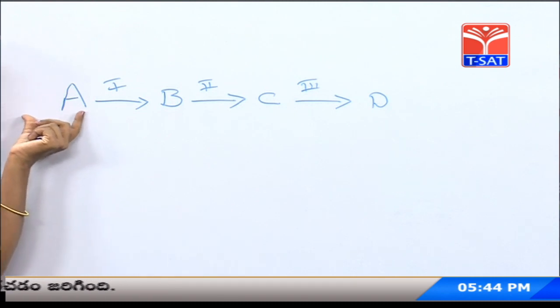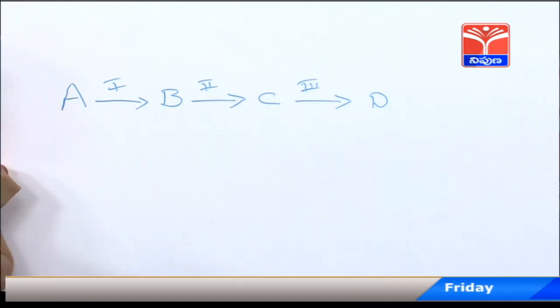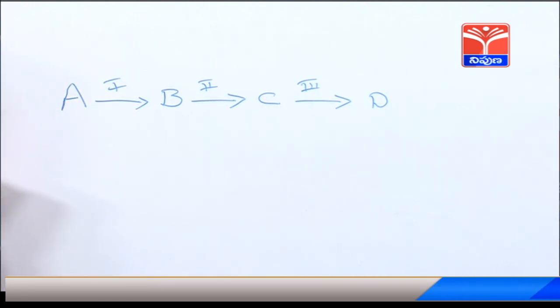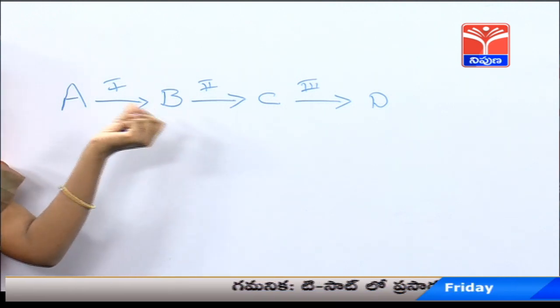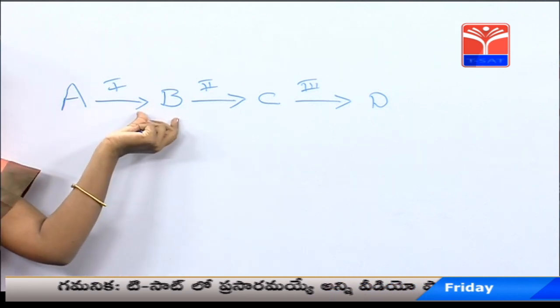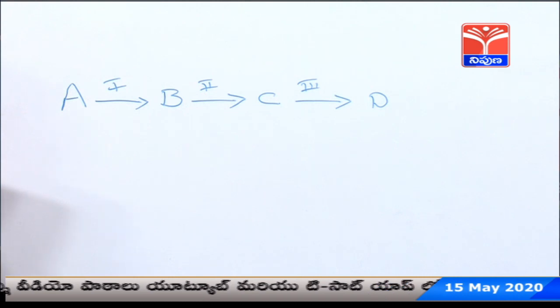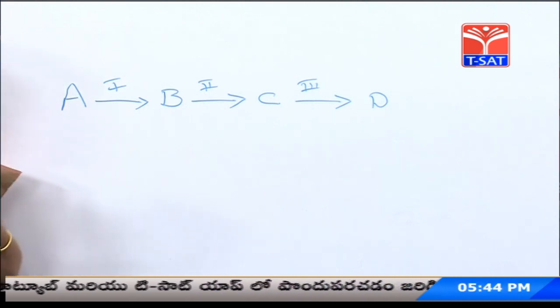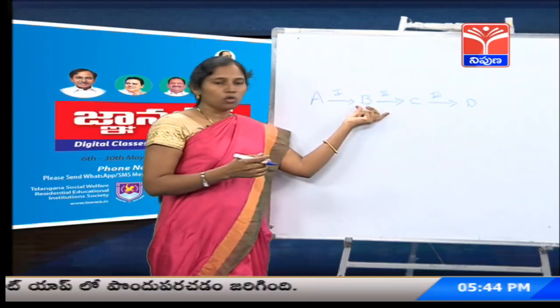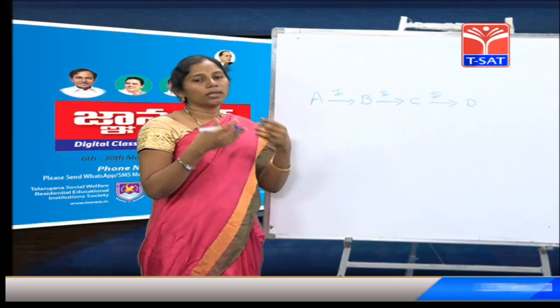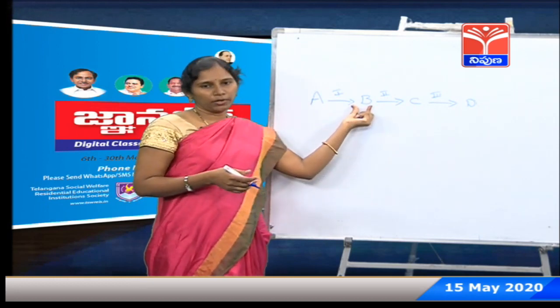I have given you this starting material and all the required reagents, and I asked you to perform the reaction in the laboratory, and after completing the reaction you get something, but we are not sure that is B only or something else. If it is B only, it can be determined by structural determination methods. If it is B only, then we can go forward. If it is not B, we have to come back, we have to change the starting material or the path followed for the conversion of A to B.